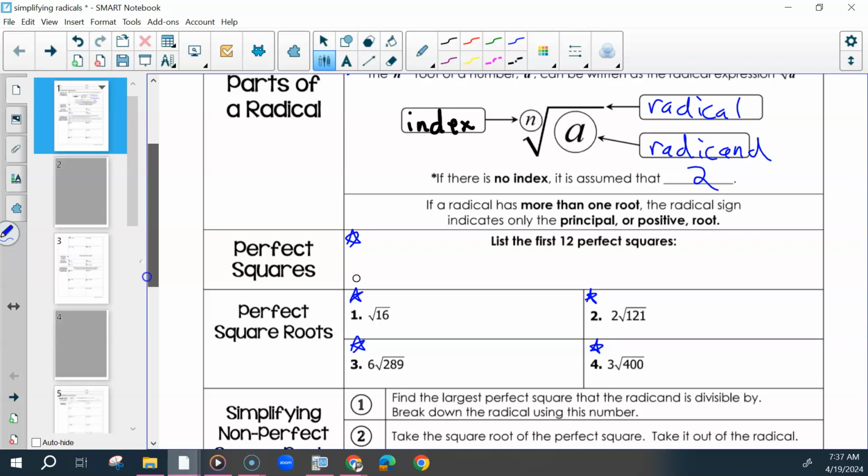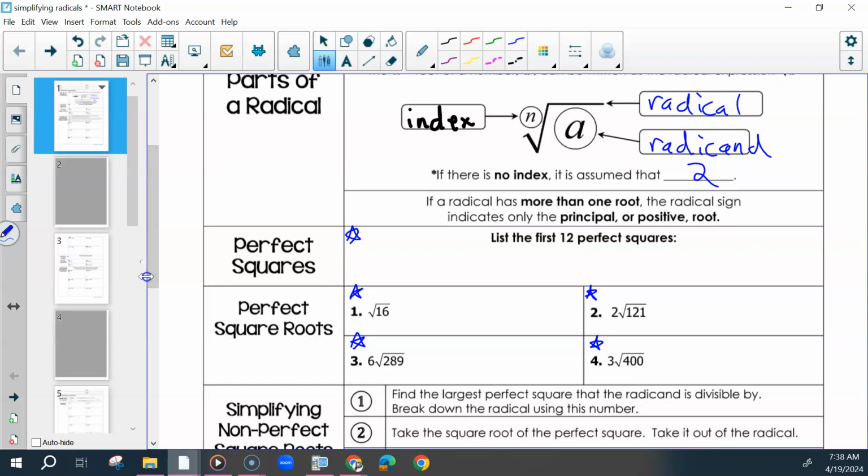What would 1 squared be? 1. 2 squared? 4. 3 squared? 9. 4 squared, 16. I skipped 4, yep.